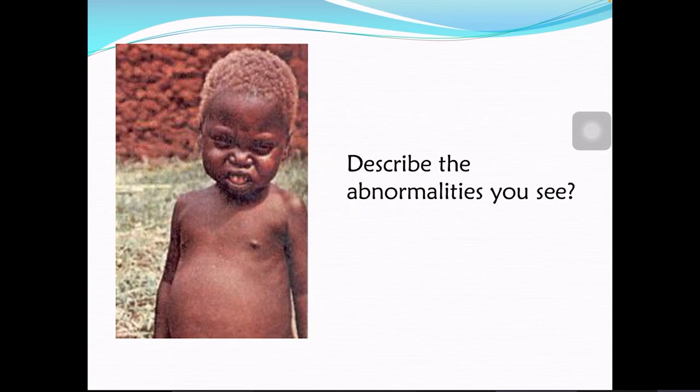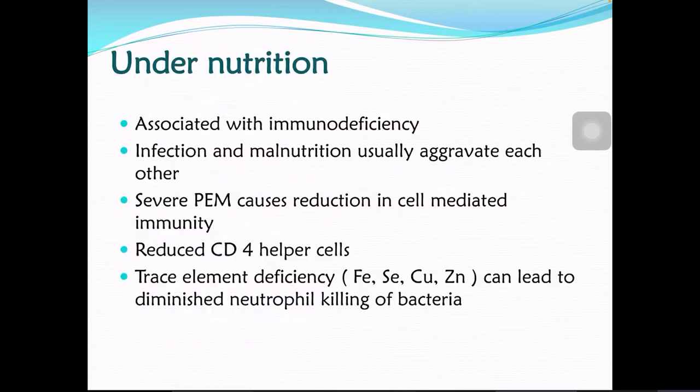Again, undernutrition, again known to cause immunodeficiency because infection and malnutrition usually aggravate each other. So it is well known that protein energy malnutrition will cause reduction in cell-mediated immunity. They reduce the number of CD4 helper cells, and they also lead to trace element deficiency.